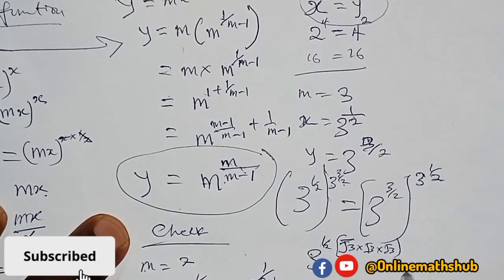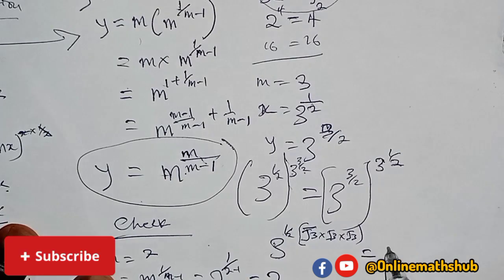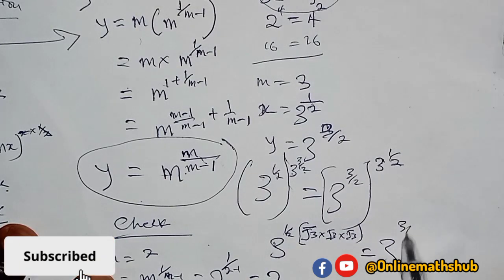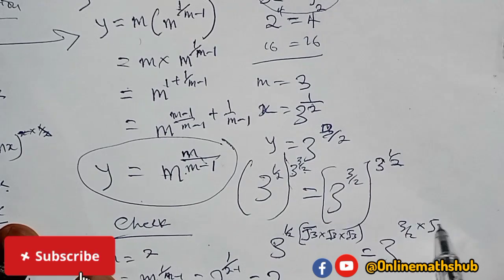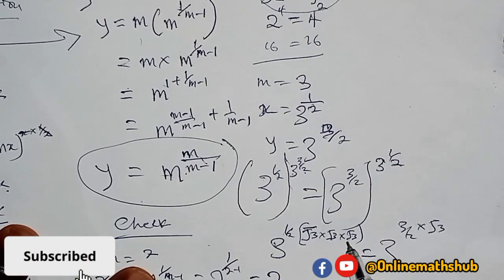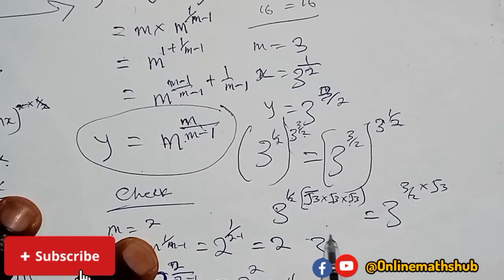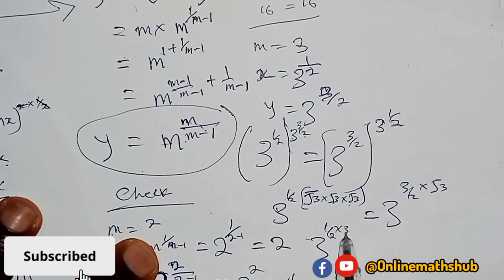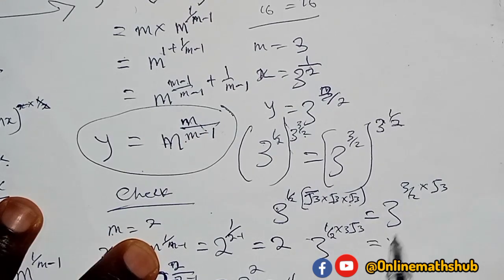And of course it's equal to this one we see here, 3 raised to power 3 over 2, multiplied by root 3. Now this has appeared 3 times, so I can write it as 3 root 3. This is 3 raised to power 1 over 2 multiplied by 3 root 3 right there, and then it is equal to this one.